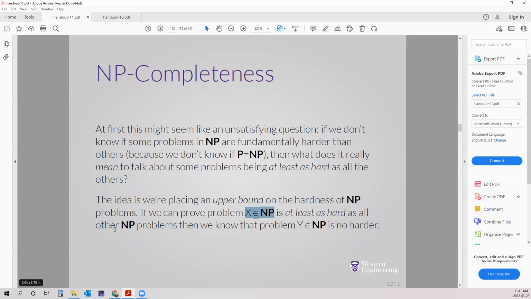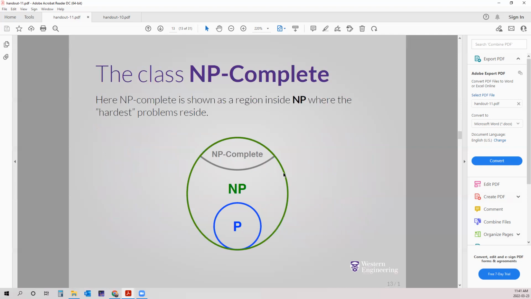Then, if we can prove this, we know that problem Y that belongs to NP is not harder than X. Is that clear now? Yes, the hardest problems lie in NP completeness.